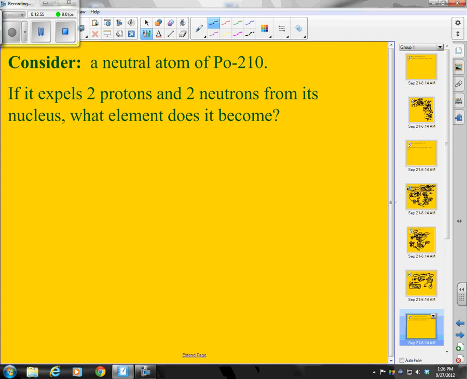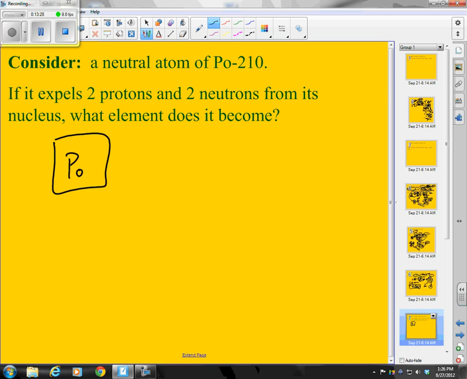So you have a neutral atom of polonium-210. It expels, that means spits out, 2 protons and 2 neutrons. What do you get? Give you 15 seconds. Okay, so here we go. I have polonium. I look at my periodic table, and when I look up polonium, I see what?